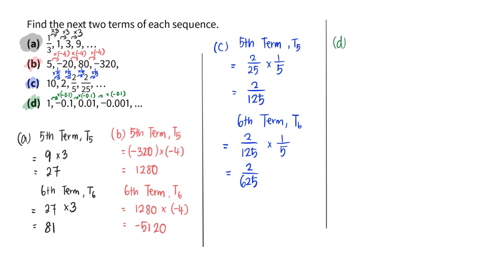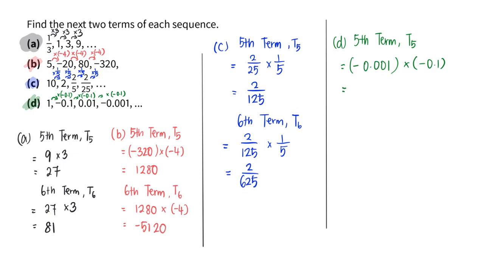And therefore for this number sequence, the next 2 terms will be simply to multiply by -0.1. So it's -0.001. I like to put brackets every time I deal with a negative value.